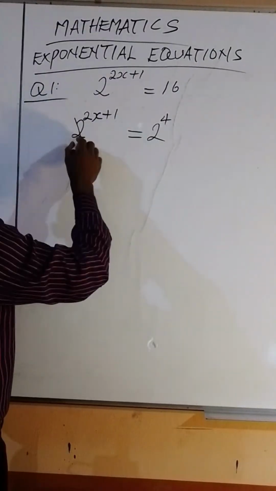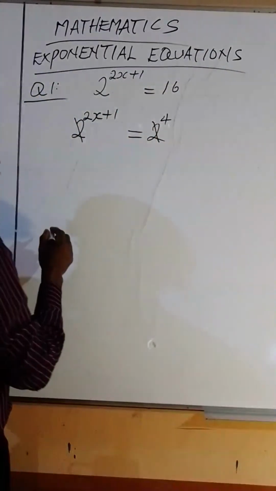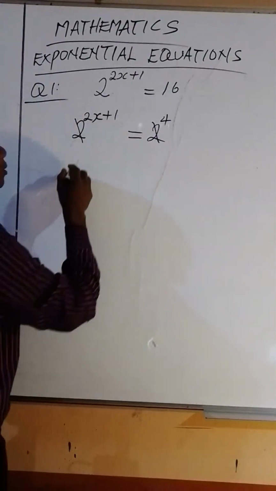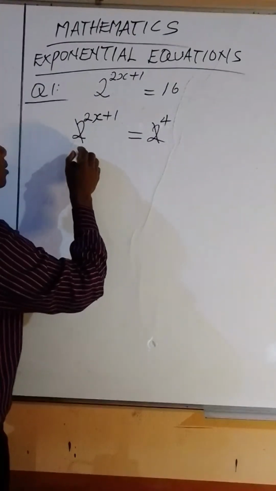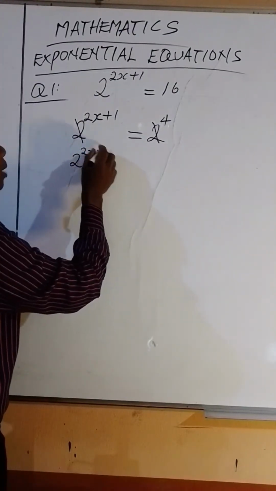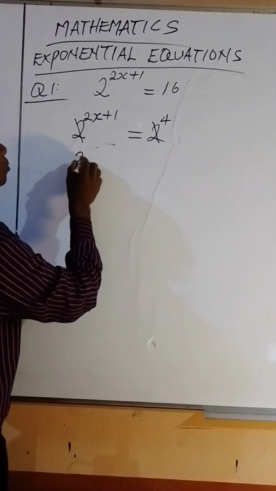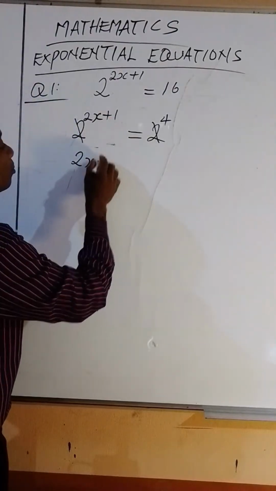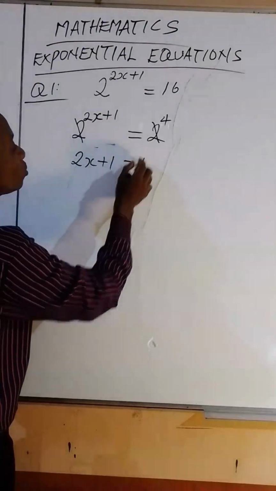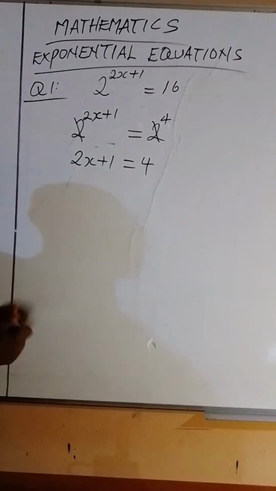Once they are gone, we are left with 2x plus 1 equals 4. This is what we are left with.